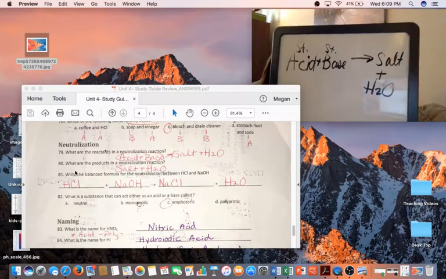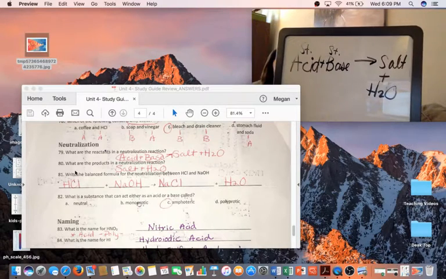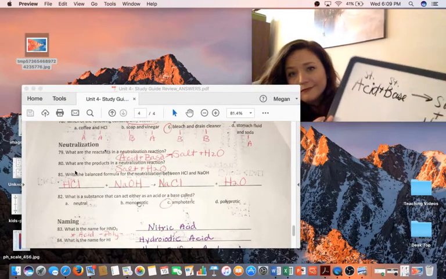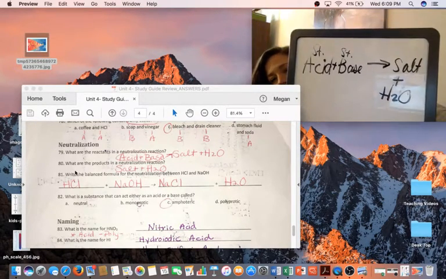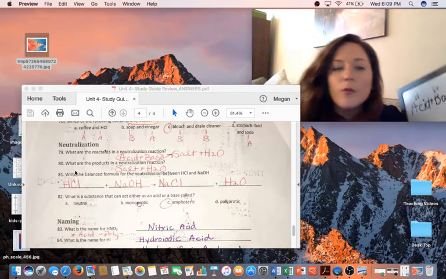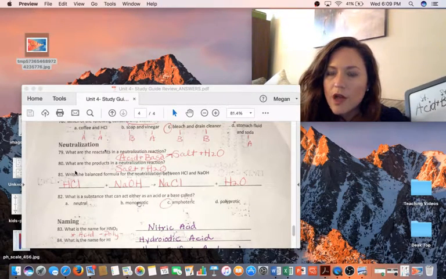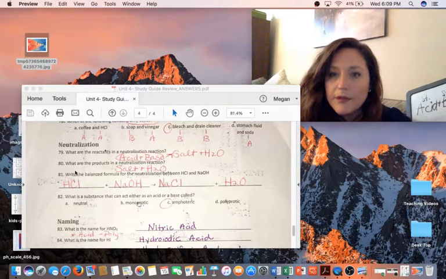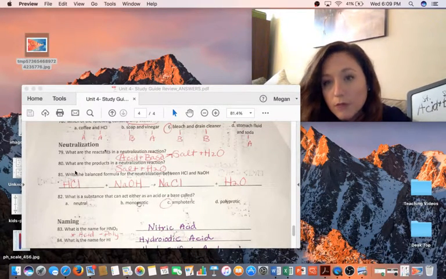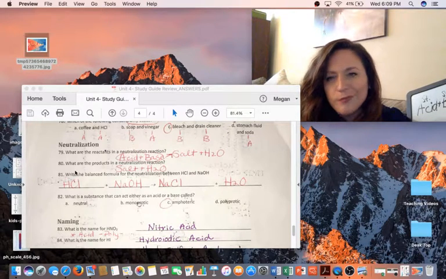This is a neutralization reaction, period. So whenever it says neutralization reaction, automatically think acid and base as reactants, producing salt plus water, not salt water.